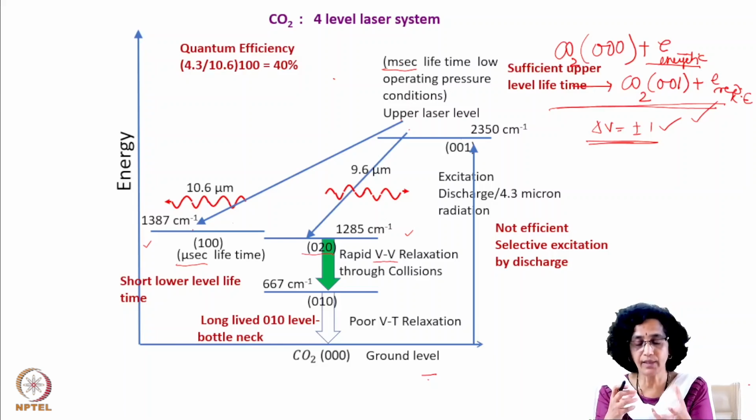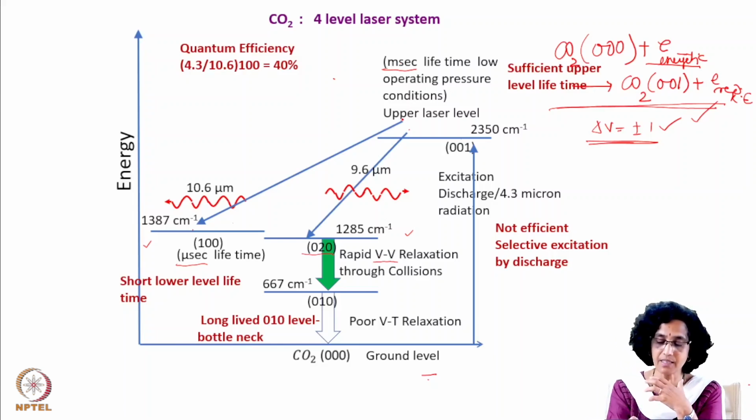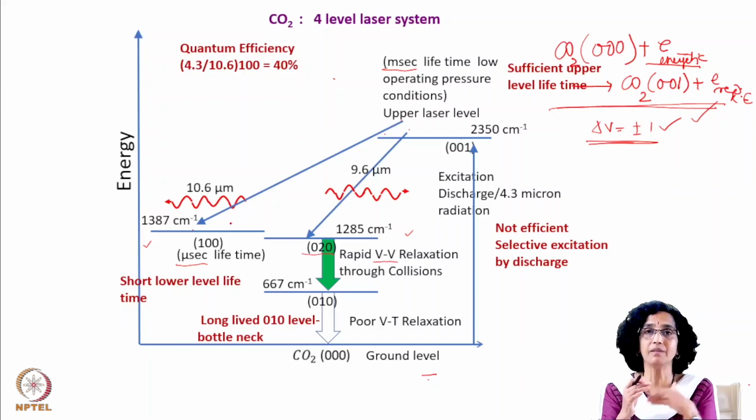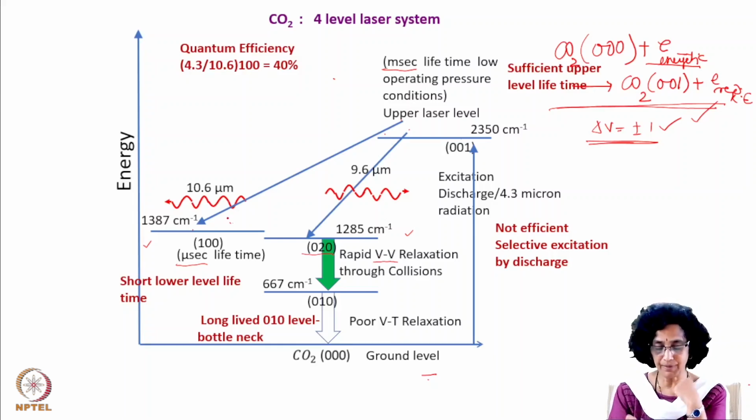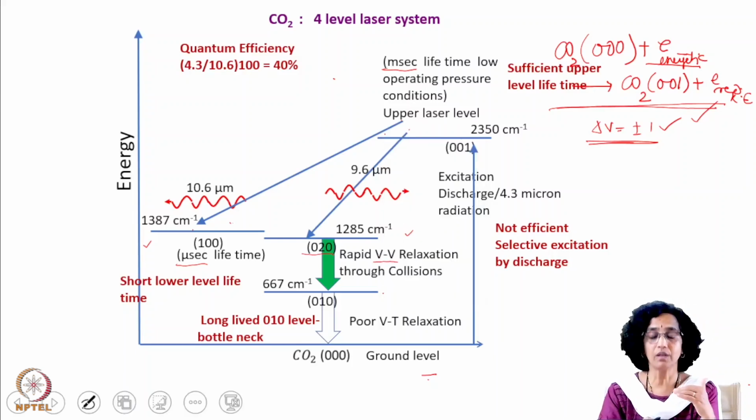You can allow the gain to build up, and once the gain is built, then stimulated emission can take place. And once stimulated emission takes place, because this has a much lower lifetime, this will be easily emptied, thereby trying to maintain the inversion between the upper and the lower laser level. So the lifetime of this system is apt, and once it comes to 010, this is where the bottleneck that we saw, and how to remove it.